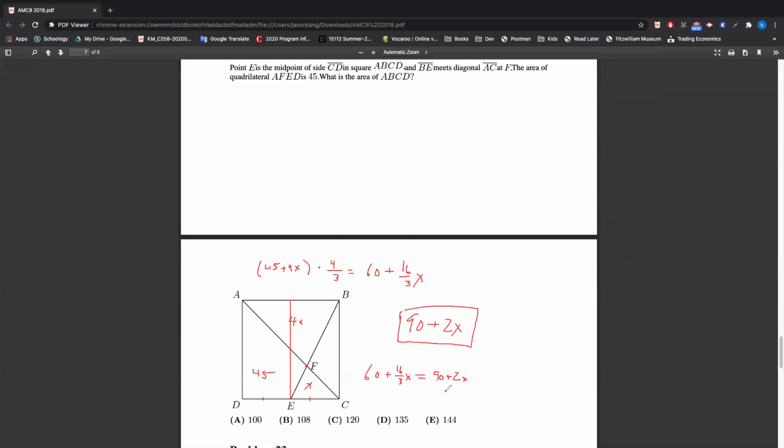Okay, we subtract 60 from both sides and subtract 2x from both sides. So we have 10/3 x equals 30. That means x is equal to 9. And we can plug 9 back into either equation, but either way, you'll get 108.